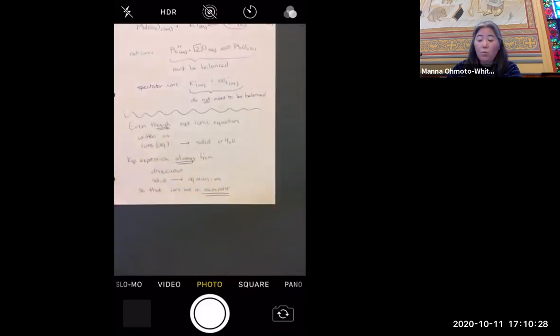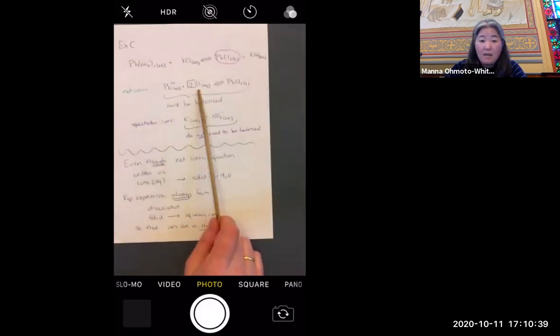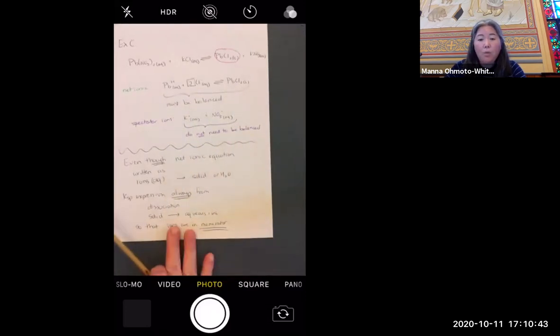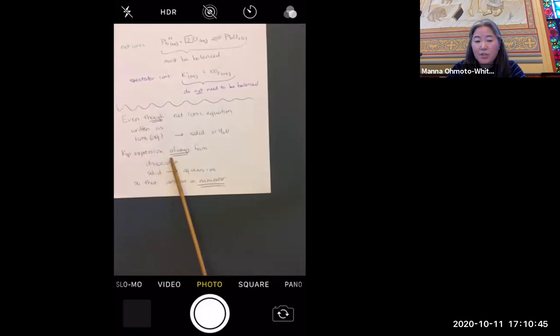So what's important is that we use our net ionic equation oftentimes in KSP calculations. And so even though the net ionic equation is written as my aqueous ions forming a solid, when we do the KSP expression, remember that the KSP expression is always from the dissociation, so the solid becoming aqueous ions or the water forming aqueous ions.